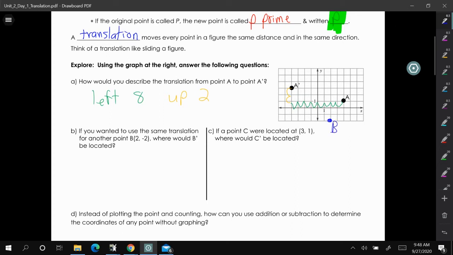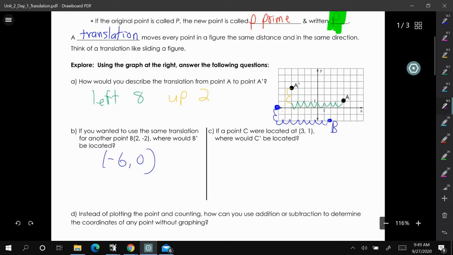So let's do the same thing. We're going to go left 8, 1, 2, 3, 4, 5, 6, 7, 8, and up 2. So the coordinates of this point would be negative 6, comma 0.